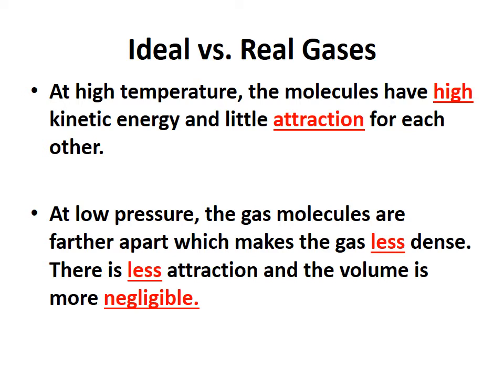So here we see why they obey the kinetic molecular theory: there's little attraction at high temperature, and at low pressure the volume of the gas particles is negligible, which are two of the assumptions we stated in the kinetic molecular theory.